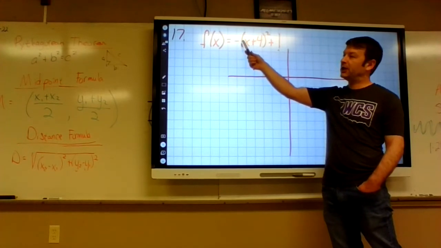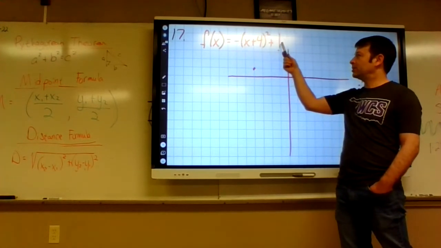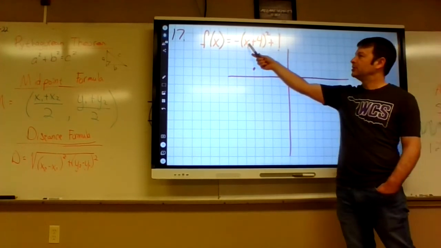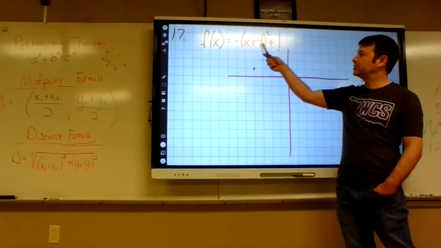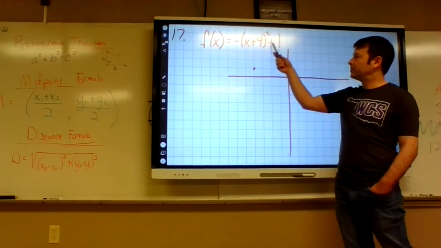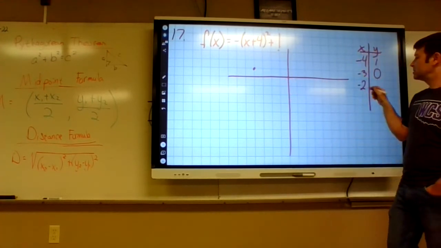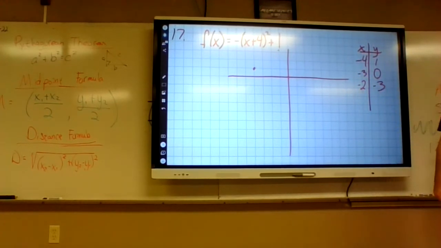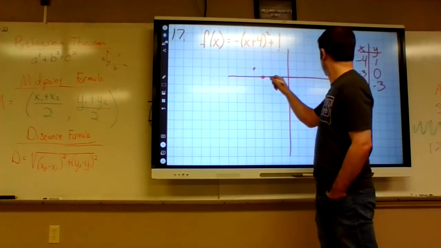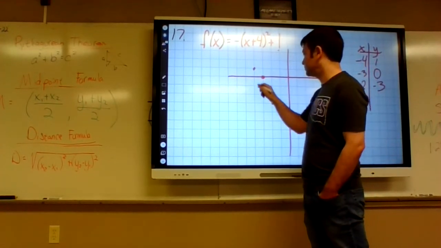Then add the negative, -1, plus 1. I plug in -2. -2 plus 4 is 2 squared. So -4, 1; -3, 0; -2, -3.